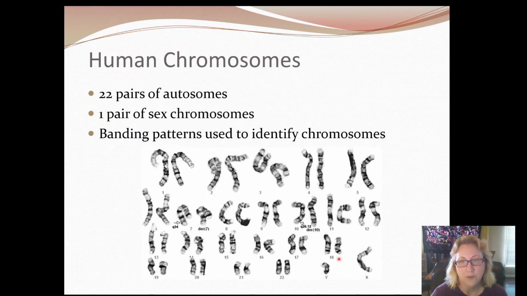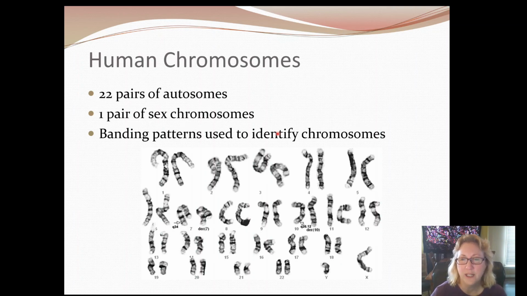Human chromosomes are a little bit more complicated to study than fruit fly chromosomes. We have, again, 22 pairs of autosomes. The autosomal chromosomes are the ones that everybody has. Everybody has 22 pairs of those. And then we have 1 pair of sex chromosomes.